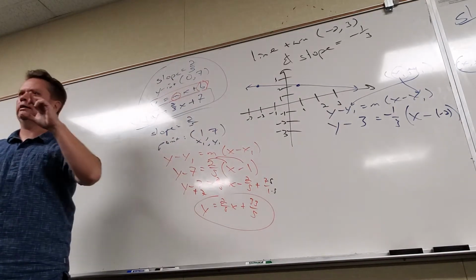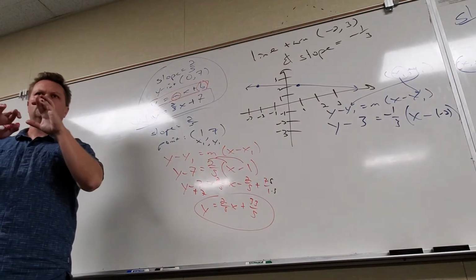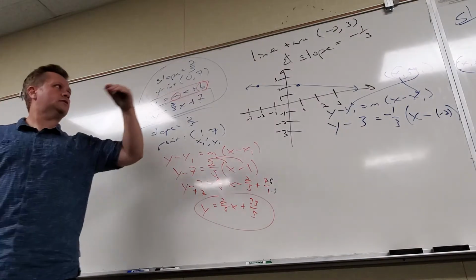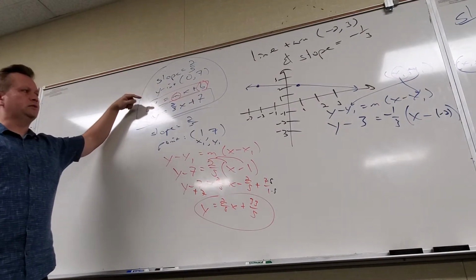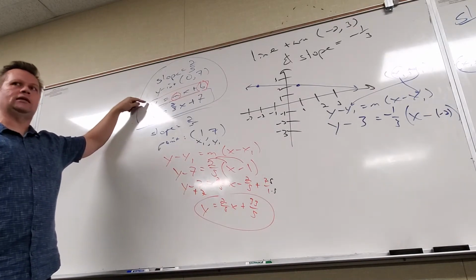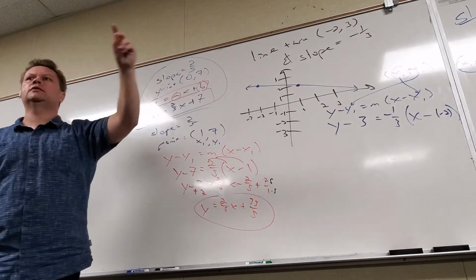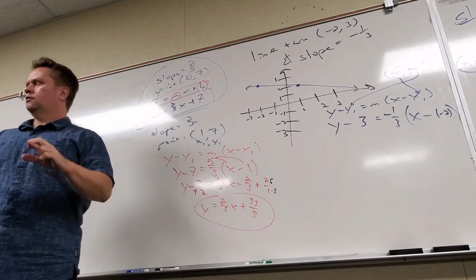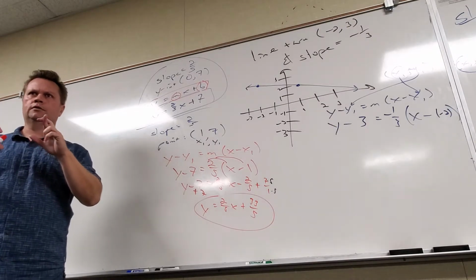Do you guys get that? Maybe? So I want you to realize why it makes sense for us to try to develop a different form of this equation. Because this is only immediately useful if I know what b is. And I'm not always going to know what b is. All right. I like it.